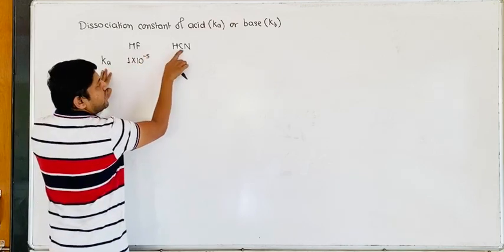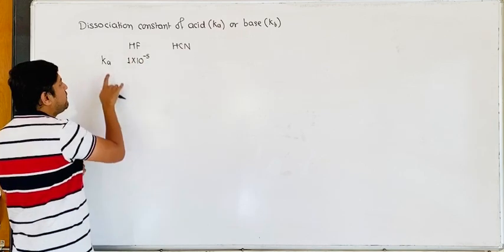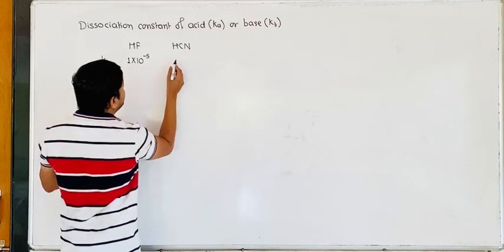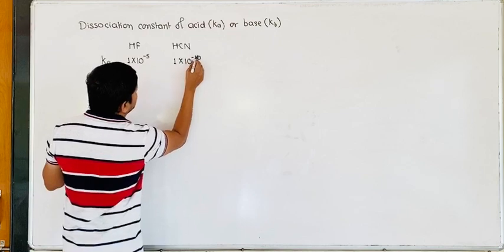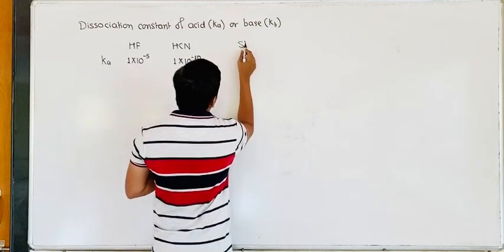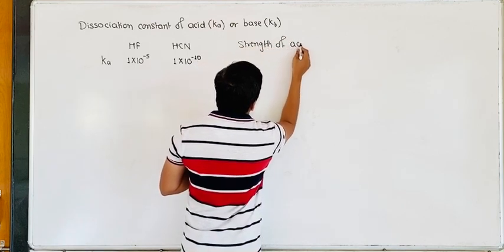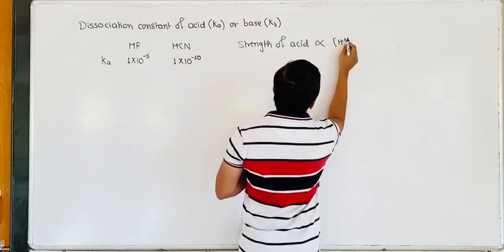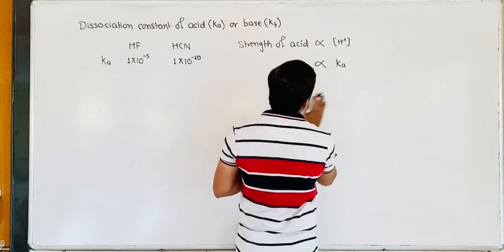HF is a stronger acid than HCl. As HF is a stronger acid than HCl, its Ka value will be greater than the value of HCl. And for HCl, let's take the value 1 into 10 raised to minus 10. Just now we have written that strength of acid is directly proportional to concentration of H plus ion, and strength of acid is directly proportional to Ka value.